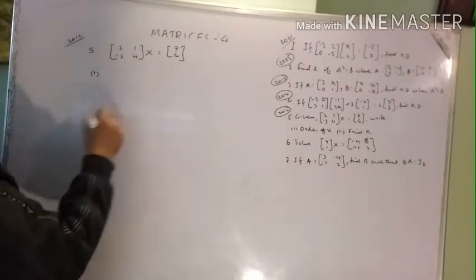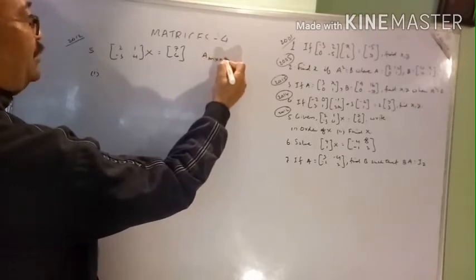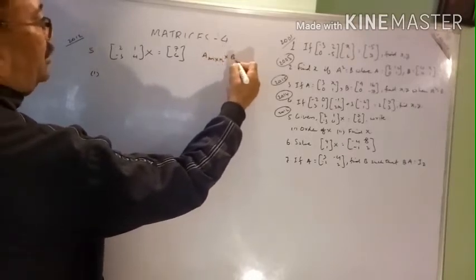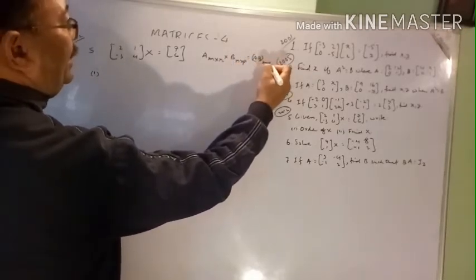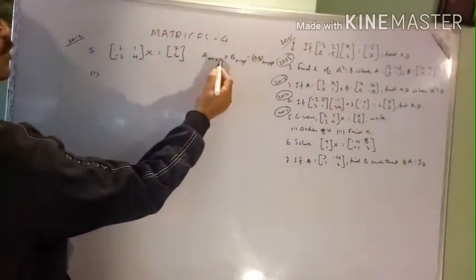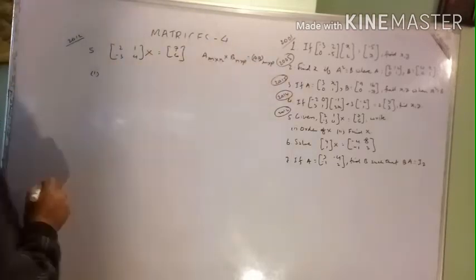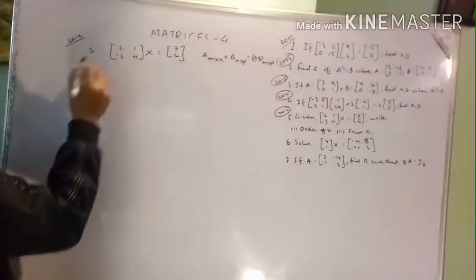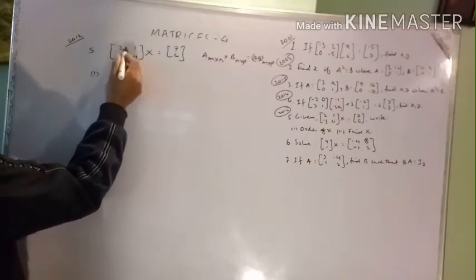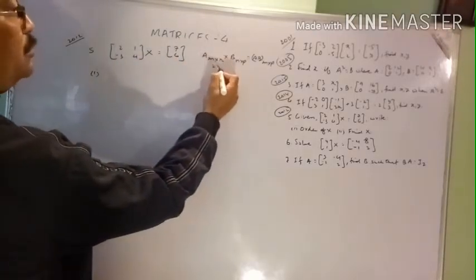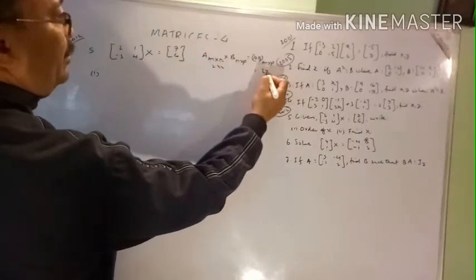Now you know the rule. Suppose A has order m by n and B has order n by p, then AB will have order m by p. So the number of columns must be equal to the number of rows, and the product takes the number of rows from the first and the number of columns from the second. Here this one has 2 rows and 2 columns, so this is 2 by 2, and here it has 2 rows and 1 column, 2 by 1.